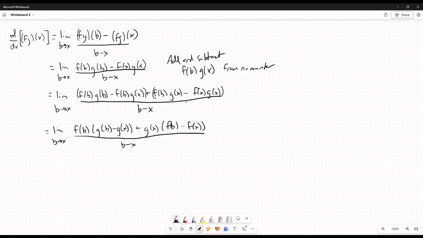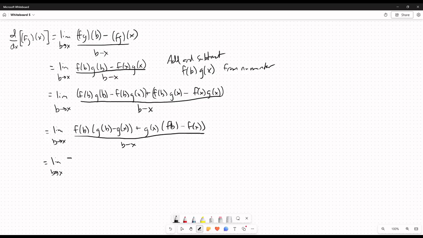Let's go ahead and split that up into a few pieces. I'm going to do a few steps at once here. I'm going to split this up into two, and I'm also going to write f of b outside of the fraction. That might make it a little bit more clear what's going on.